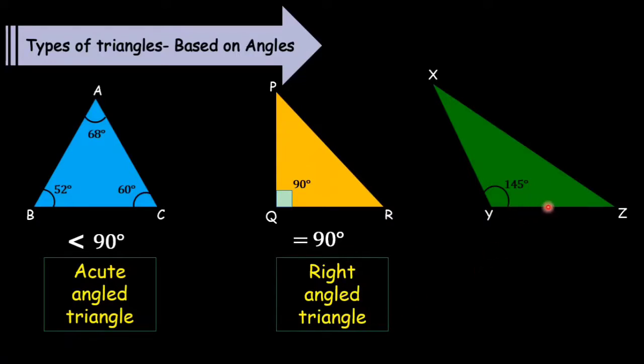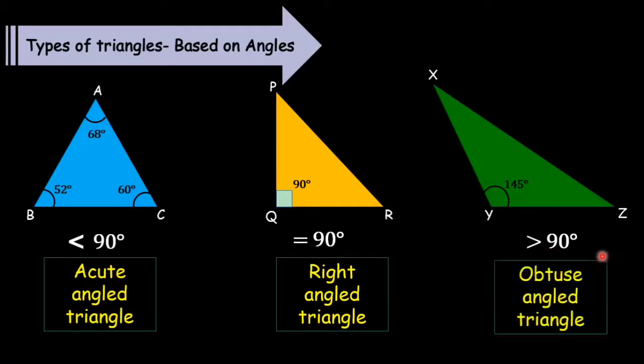And in the third triangle, the measure of one angle is more than 90 degree, that is 145 degree. So it is more than 90 degree. So when one angle is more than 90 degree, then we call such a triangle an obtuse angled triangle.